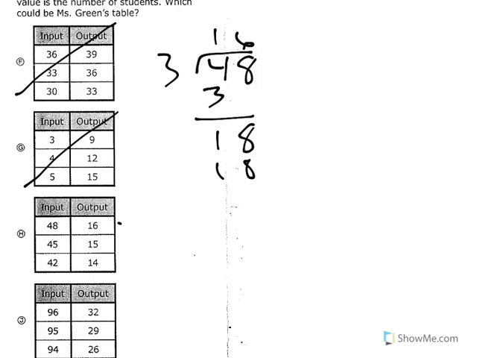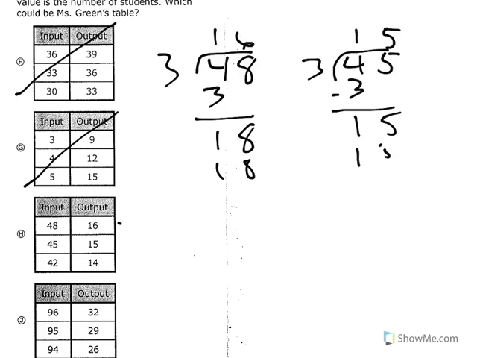So that works right there. 45 divided by 3. 3 goes into 4 one time. That's 3. Then when we subtract, that gives us 1. 3 goes into 15 5 times. And 3 times 5 is 15. So that one works right there.